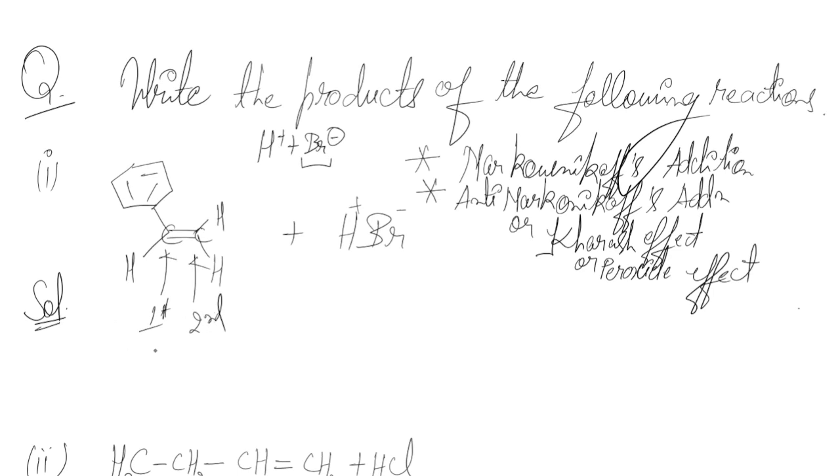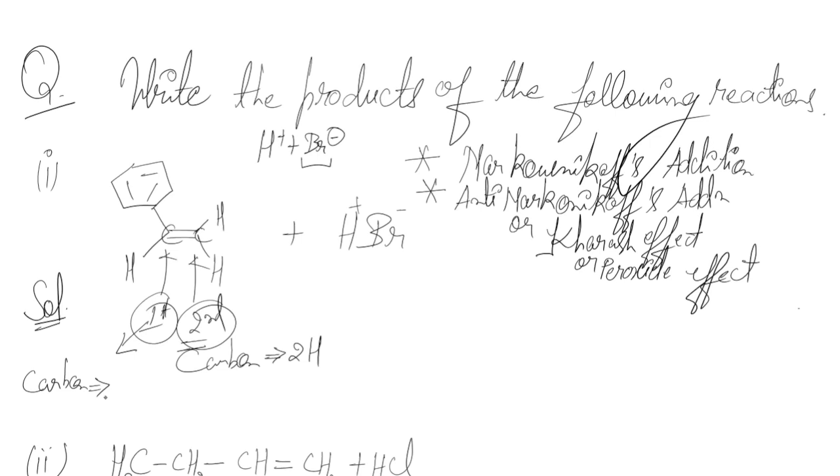According to the Markownikoff addition, the negative part will go to that carbon which has the least number of hydrogens. The second carbon is attached with two hydrogens, whereas the first carbon is attached with only one hydrogen, along with one phenyl.